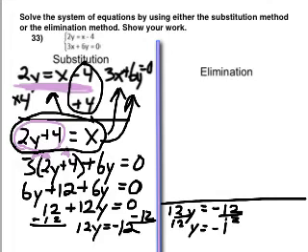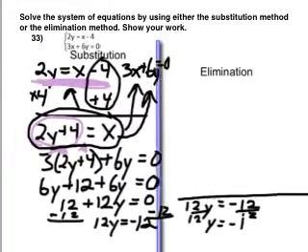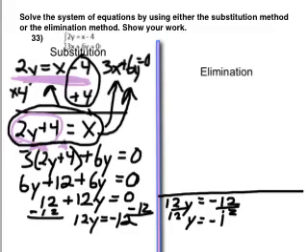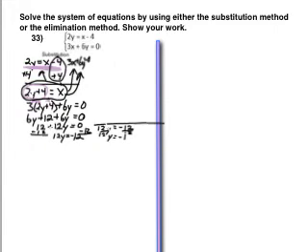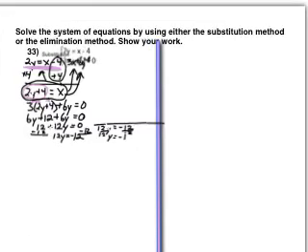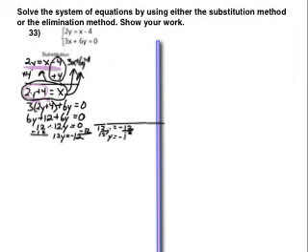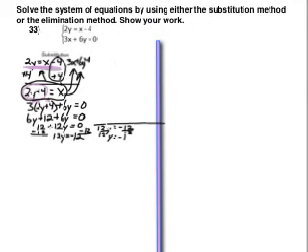So let's stick the negative 1 back in. I'm going to just move this elimination thing out of the way for now. I'm going to take the negative 1 and stick it in for y. 2y equals x minus 4.